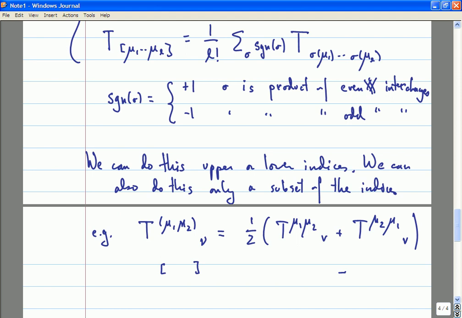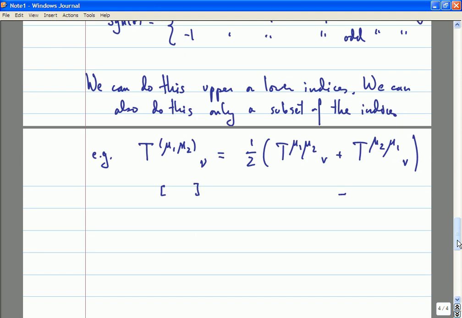And if you want to, you can even symmetrize or anti-symmetrize indices that are not next to each other. So, for example, you could imagine if you have some tensor with 3 upper and, say, 5 lower indices, you could symmetrize these two, anti-symmetrize those two, and if you really wanted to, you could symmetrize the first and the third upper index.